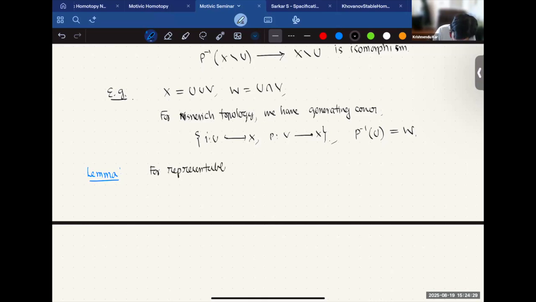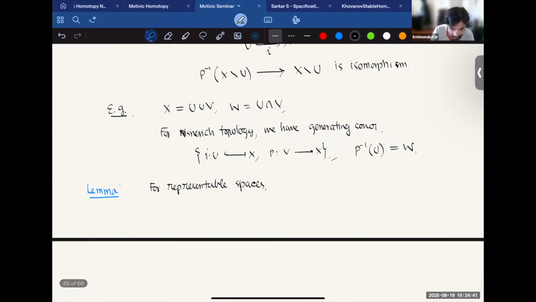And I think we proved this in our derived algebraic geometry course some time back, but let me write it down. For representable spaces, your upper distinguished square is also a pushout square.